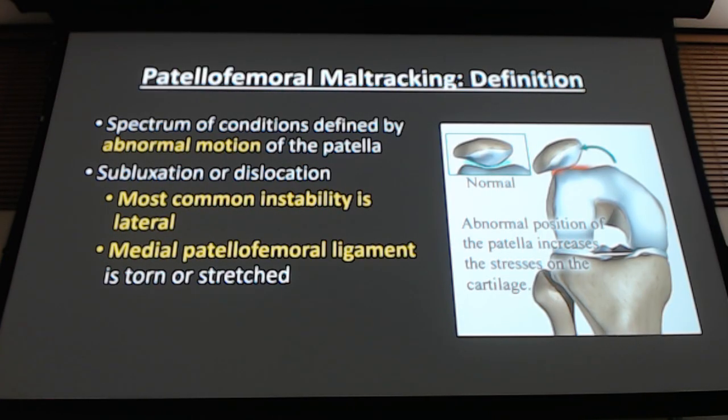So you can have a subluxation or dislocation. Subluxation is it wants to go out, but it catches itself, right? We call that perching. It gets stuck right on the edge, but doesn't quite dislocate. So that's a subluxation. And a dislocation is it's out.